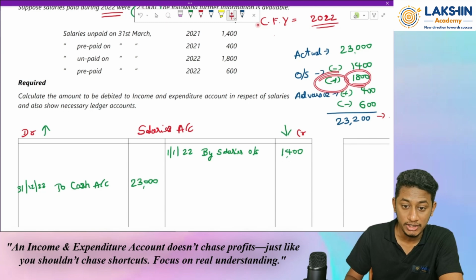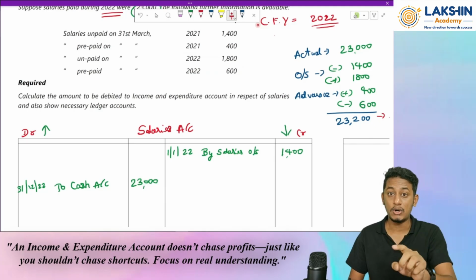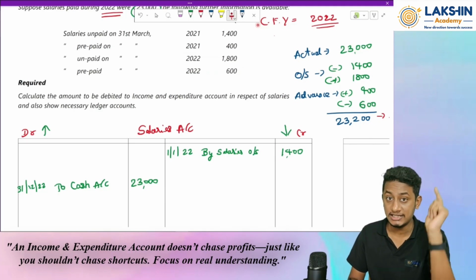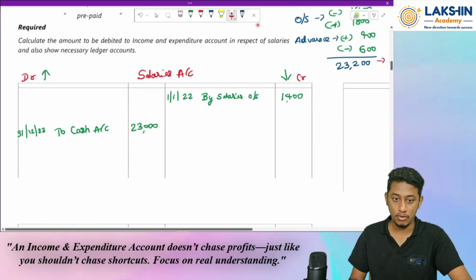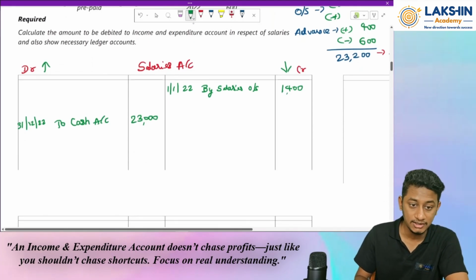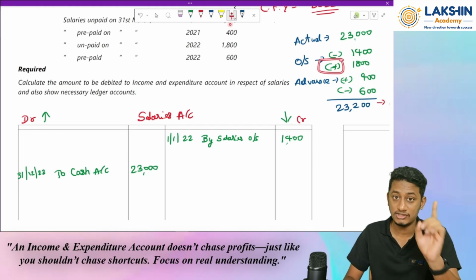Then next, outstanding we have 1,800. This was for what year? For 2022. For the current year 2022, right? So because of this, it will be outstanding that will be carried forward to the next year. Whatever is outstanding for this year will be paid in the next year. So I will write it on the debit side. Why debit side? Because I need to add it, and we have seen the logic also.